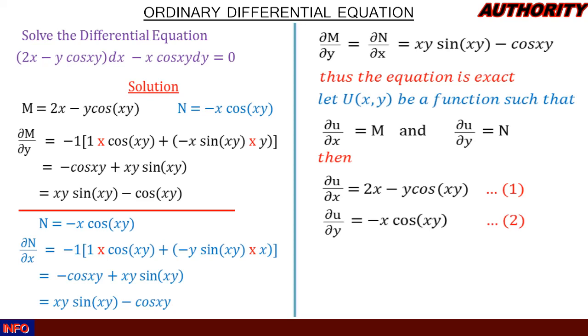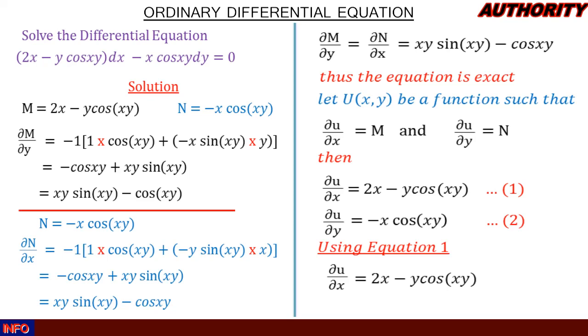Okay, now here we can use any of these equations, either equation 1 or equation 2, to find our u. But in this lesson, in this video, I'm going to use the 2 equations, and let's see if we are going to get the same result. Okay, let's start with the first equation using equation 1. Here we have the partial derivative of u with respect to x is equal to 2x minus y cos xy.